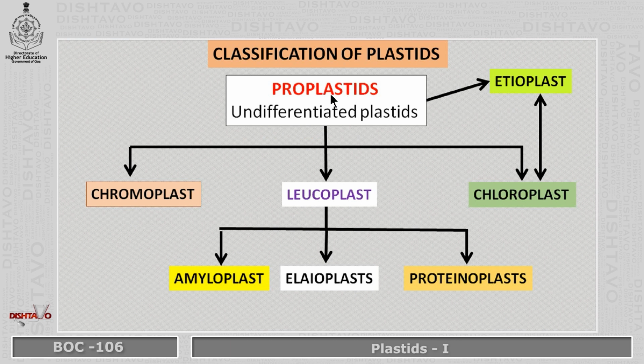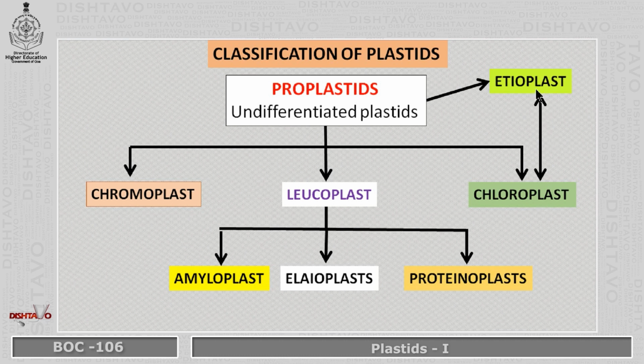Now let us classify plastids. Plastids are formed from proplastids which already exist in the cytoplasm. Proplastids are seen in the meristematic tissue and are undifferentiated plastids. Plastids are classified broadly into three types: the chromoplast, the leucoplast and the chloroplast.